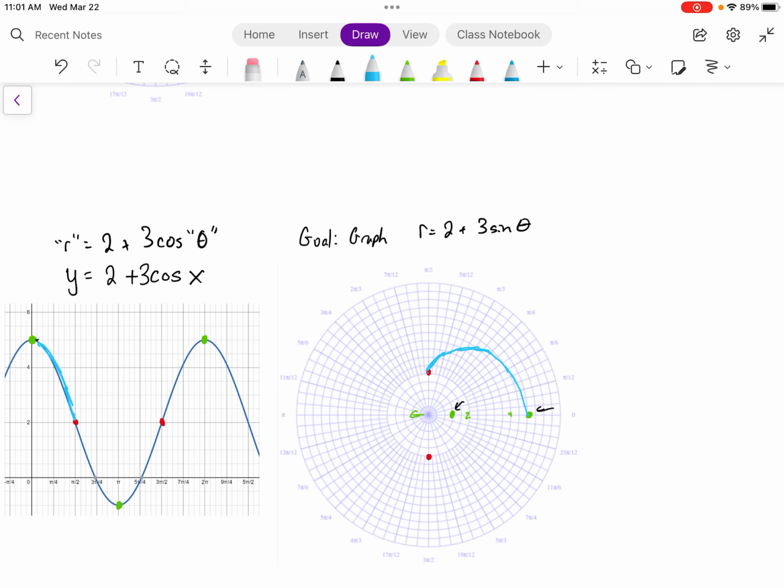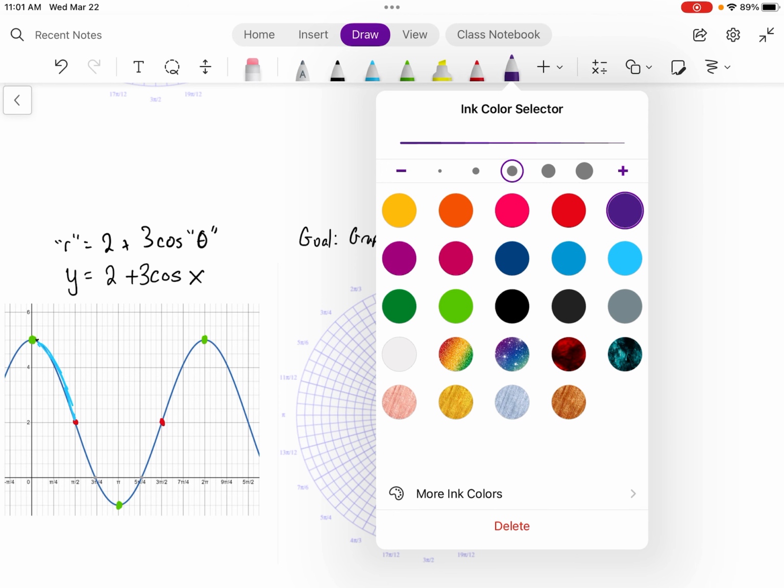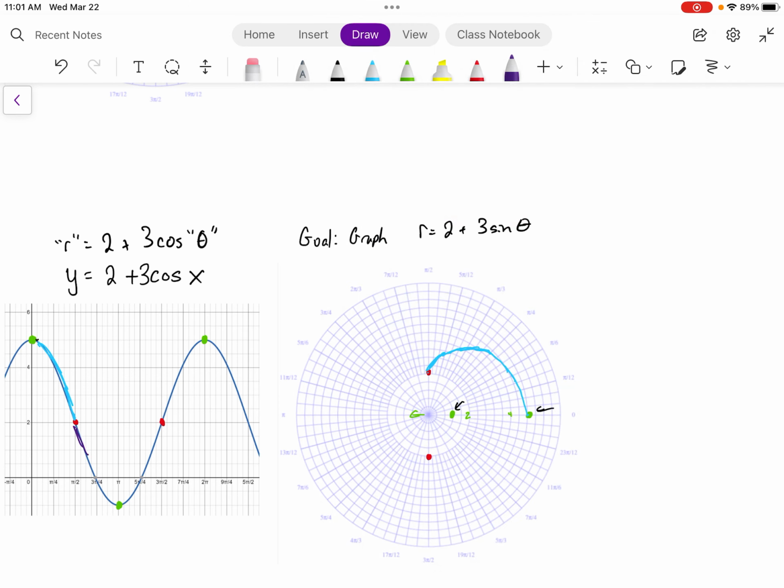That's pretty good. And then after that, we're still going to be positive in this region here, but getting smaller and going into 0.